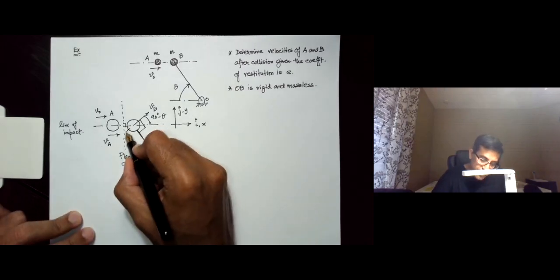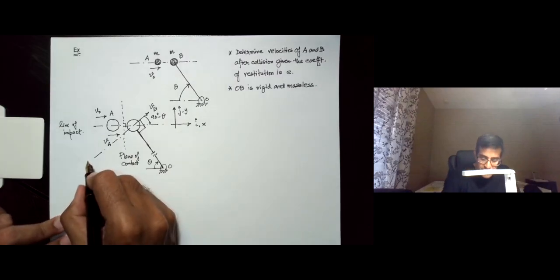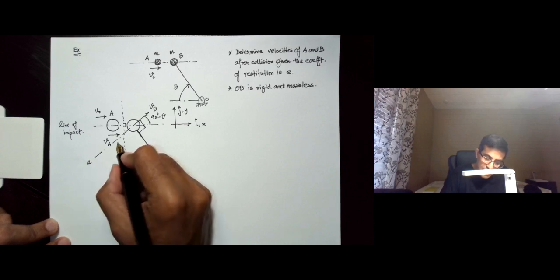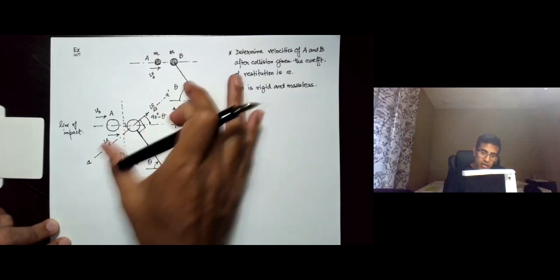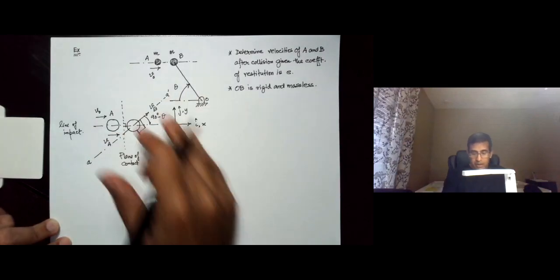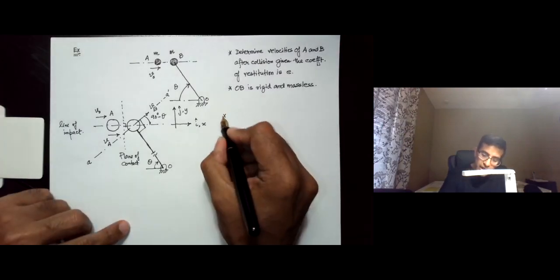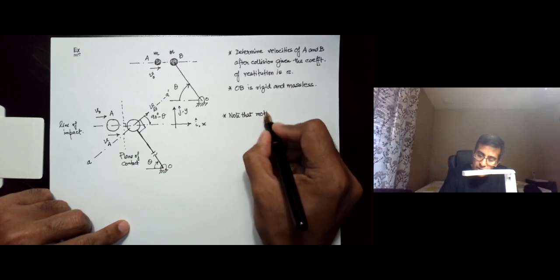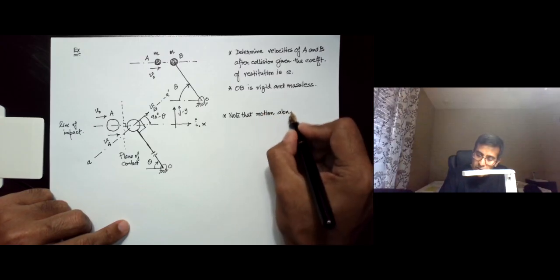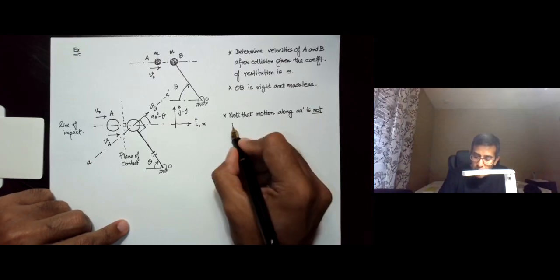So if I take this direction along VB, which is perpendicular to the rod, let's call it A prime. So we note that motion along A prime is not blocked.